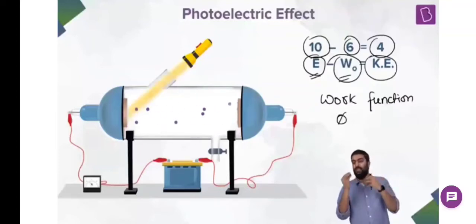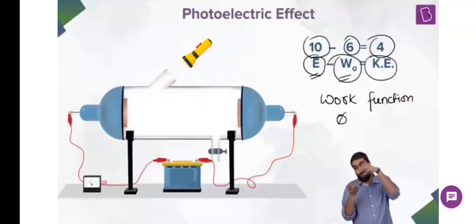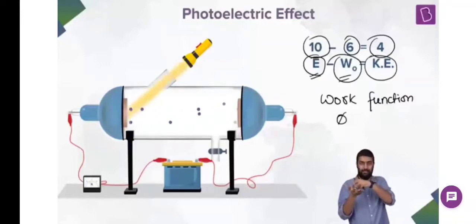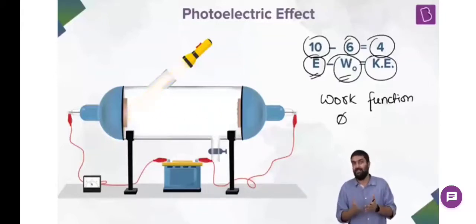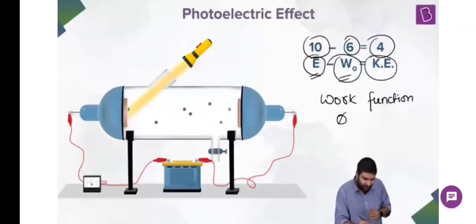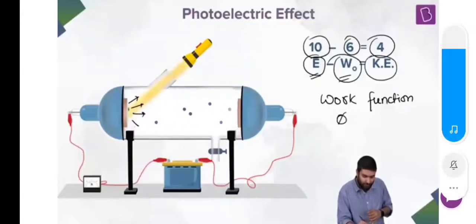So this emission of electrons because of photons being incident is called photoemission, and the current that we get as a result is called photocurrent.